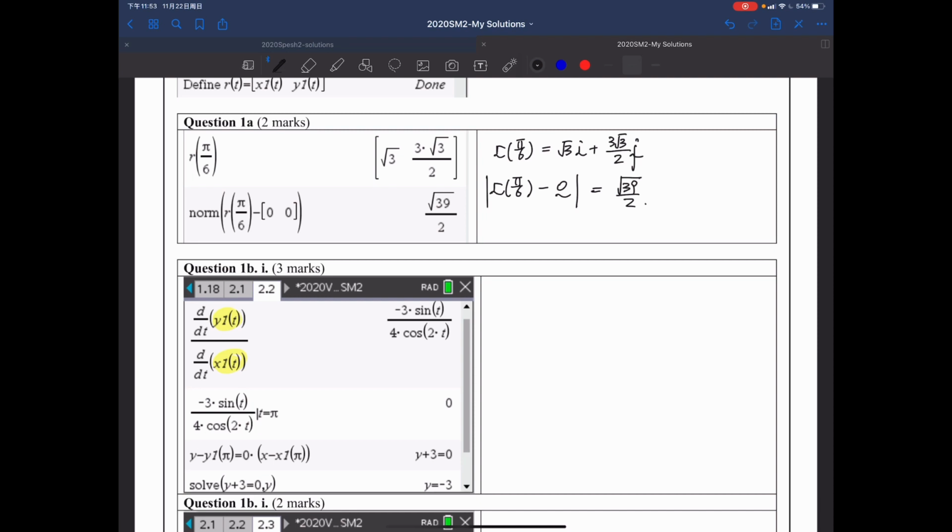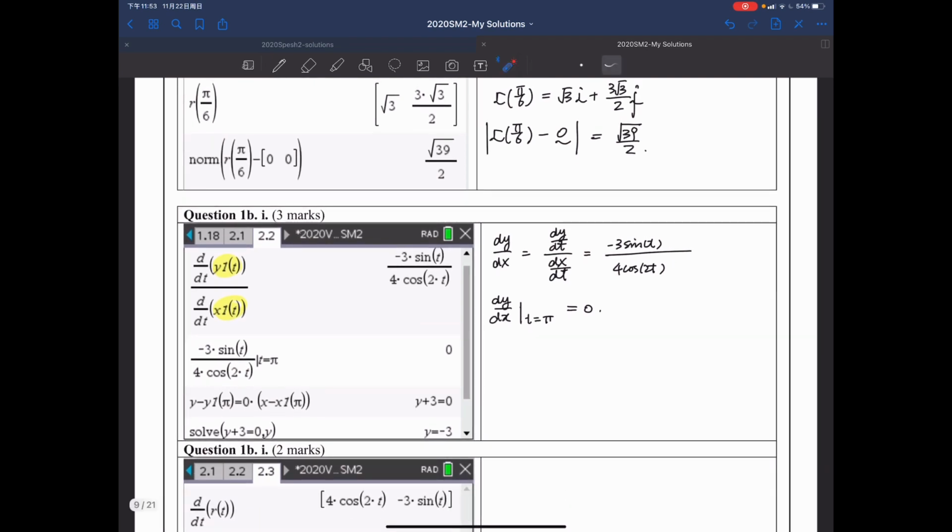What I should write here is dy dx from chain rule is given by dy dt over dx dt. And directly from our CAS calculator, I can get minus 3 sine t over 4 cosine 2t. Then I need to substitute the t value to get my gradient value. So I just write dy dx at t equals pi. The number is easy, 0.